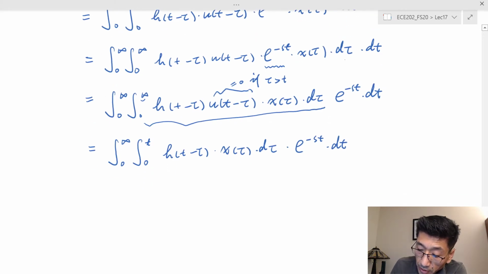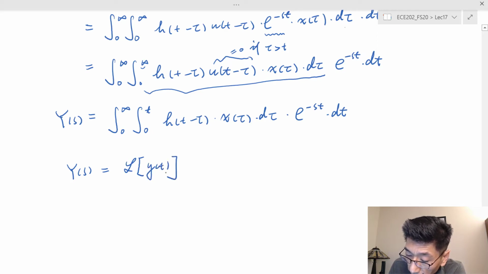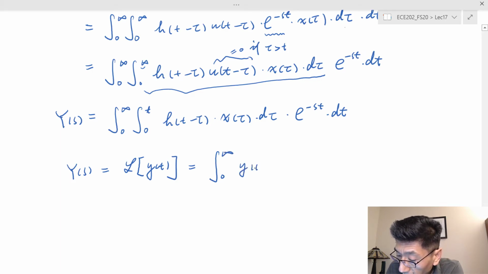Now, this is Y(s). We also know Y(s) is the Laplace transform of y(t), which is equal to the integral from 0 to infinity of y(t) e^(−st) dt.